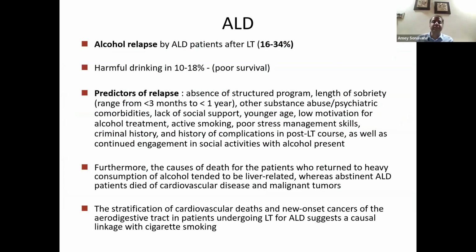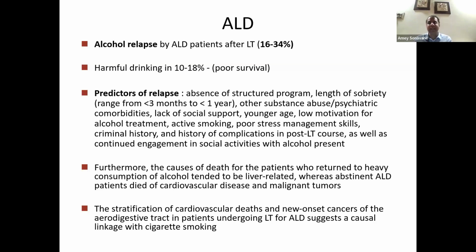Relapse rate, recidivism, is very high in patients who undergo transplantation for alcohol abuse, and we see a relapse rate of almost 16 to 34% post-transplantation, which is very disheartening, because these patients eventually receive a transplant for alcohol and they go back to their drinking habits. There are certain predictors for relapse.